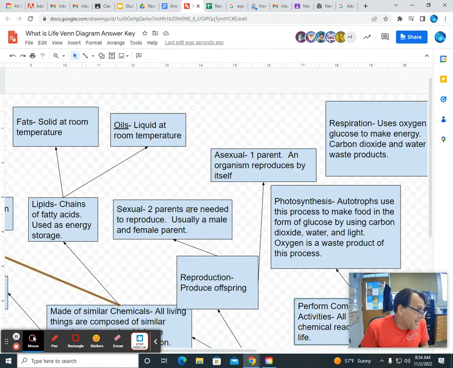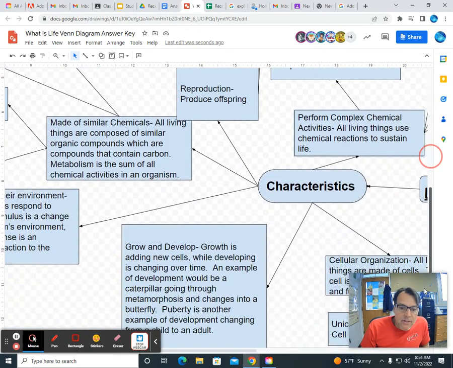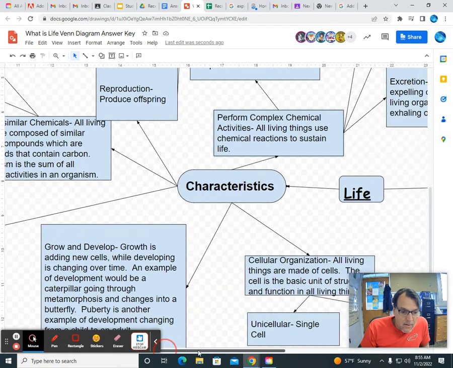Sexual reproduction creates a lot of variety because two parents, usually male and female, are combining their genes in the offspring, and so we get lots of variety in the offspring. That's why you're very different from your brothers and sisters and very different from each other, because you're the product of sexual reproduction.